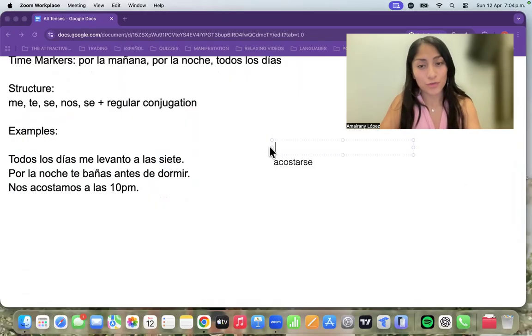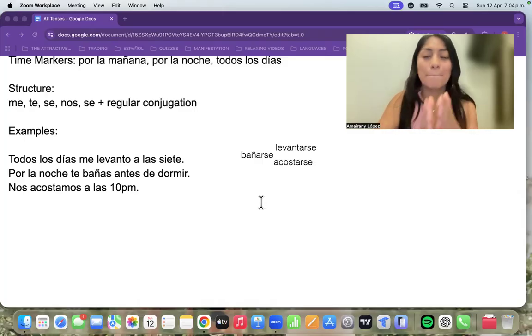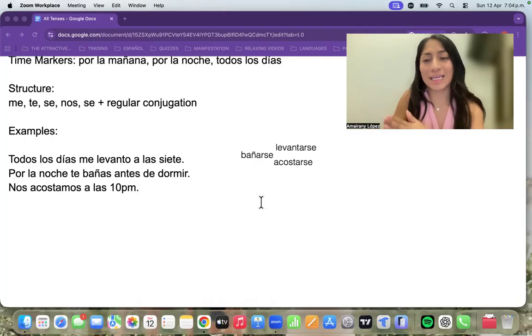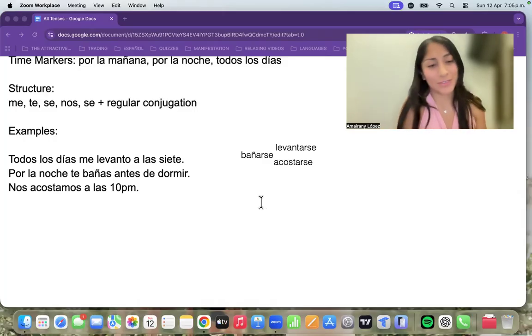So these are the roots of the verbs: levantarse and acostarse and bañarse. Now, if I say the root, it means the word before being conjugated. The word before it tells me who does the action, okay?